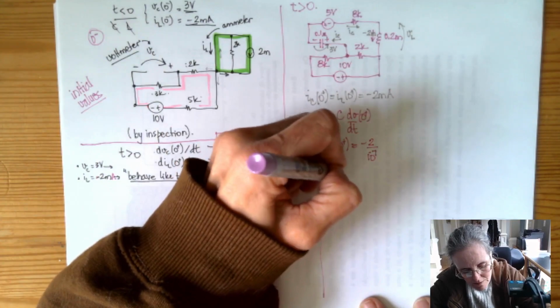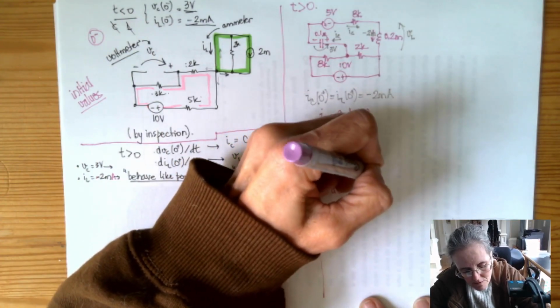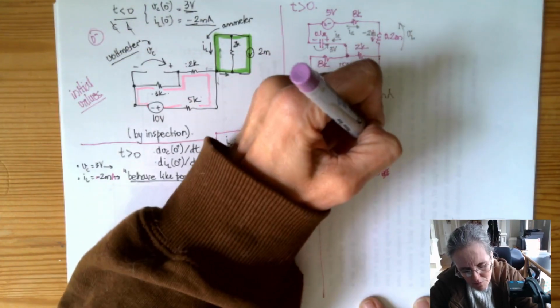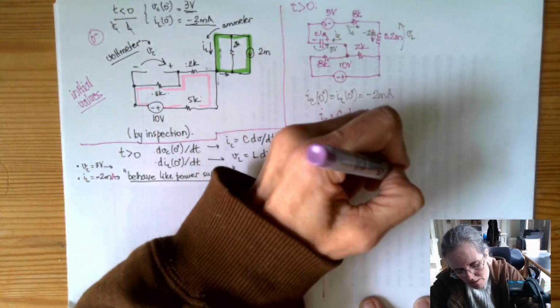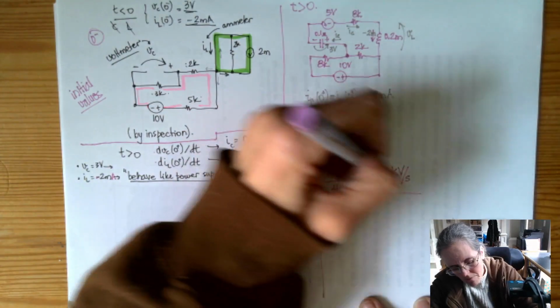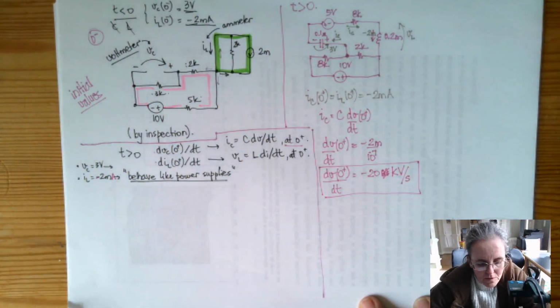So dV/dt at 0 plus will be minus 20 kilovolts per second. I always make this mistake. This is our first part of the t larger than 0.